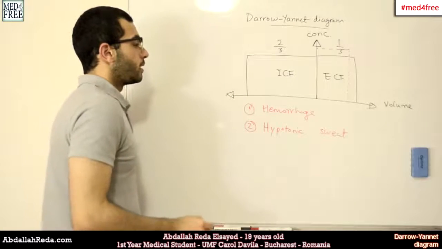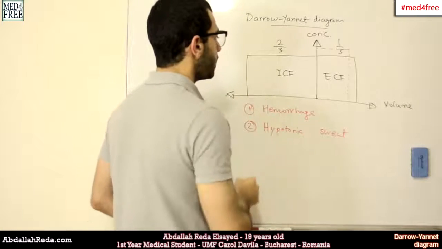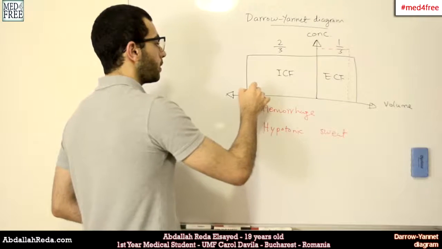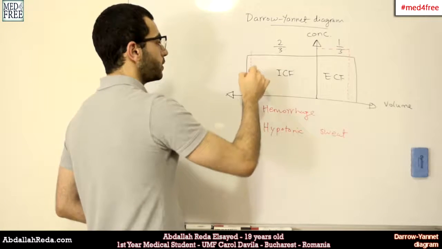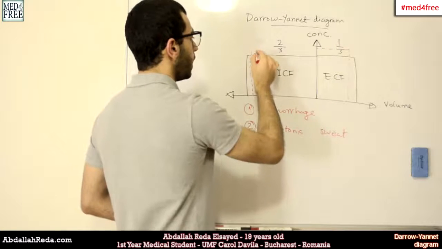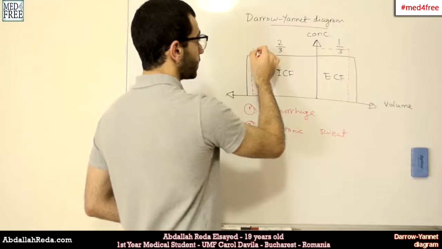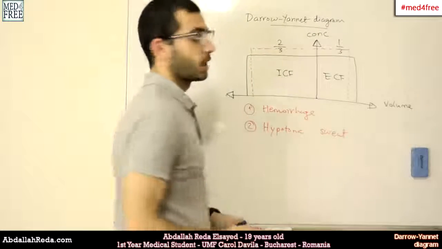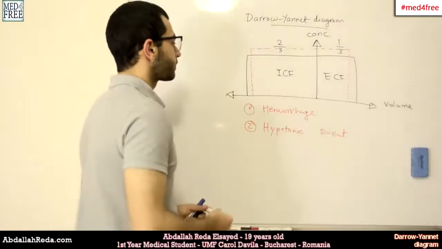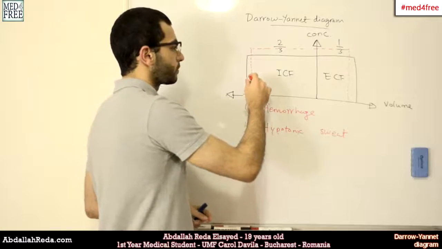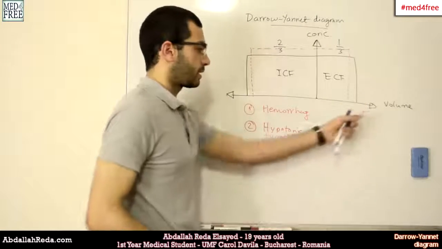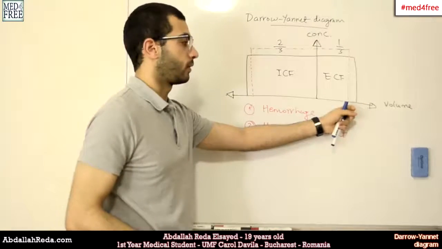Accordingly, the intracellular fluid will decrease in volume because some of it will go to that side, and accordingly if it decreases in volume, then its concentration will increase. But the point is, if some of this fluid got on the other side, why does the volume still lower than the original volume?